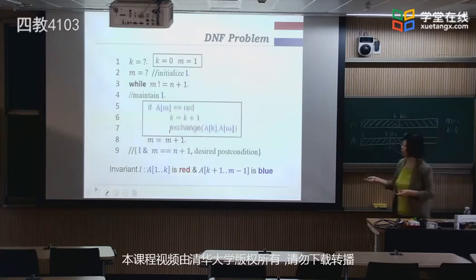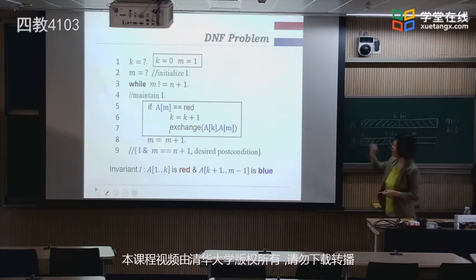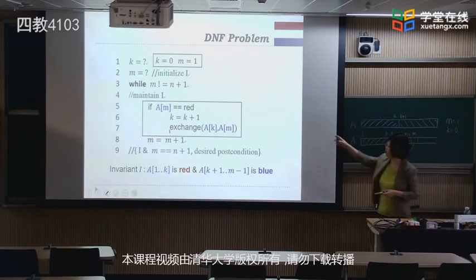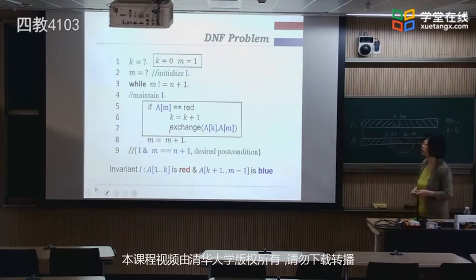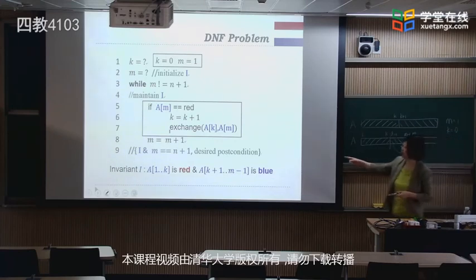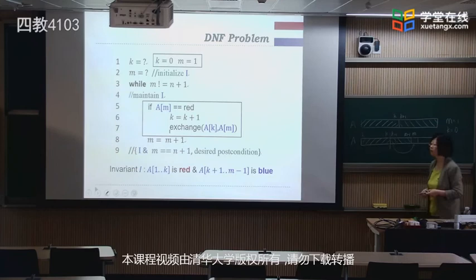So I have 3 lines of code, and these 3 lines of code can cover these 2 cases and maintain the loop invariant. Okay? The termination step, when the while loop terminates, m becomes n plus 1, so the loop invariant becomes A from 1 to k is red, A from k plus 1 to n is blue, and this is exactly what we want. Okay?